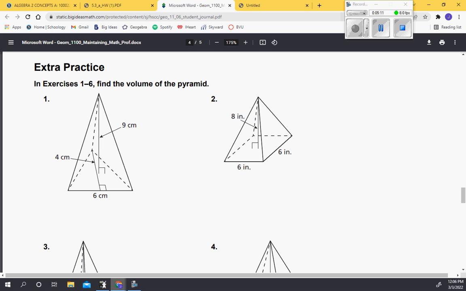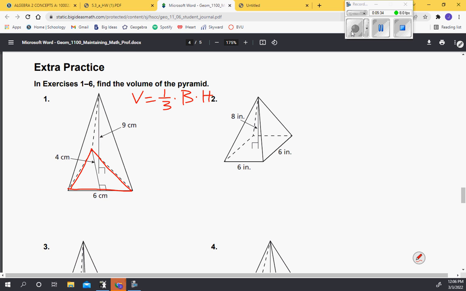number 1. Remember, volume of a pyramid is equal to 1/3 times the base times the height. So you're going to find the area of the base, and this is a triangular base because it's 1/2 base times height.